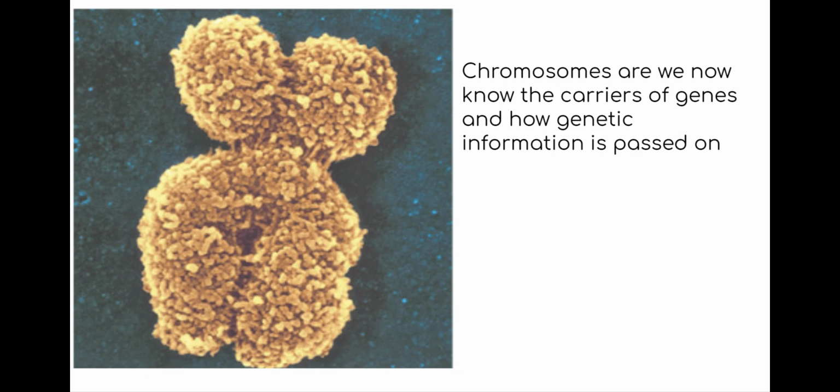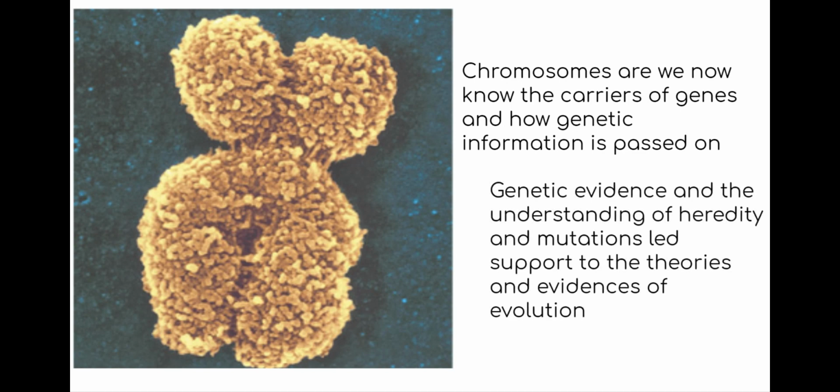Now, with our understanding of DNA and genes and chromosomes, we can see a larger, broader picture of how evolution actually occurs. Genetic evidence and the understanding of heredity and how mutations lead to different things supports the theories of evidences and evolution. Darwin said that there are adaptations that are better for an environment, and then those animals survive.